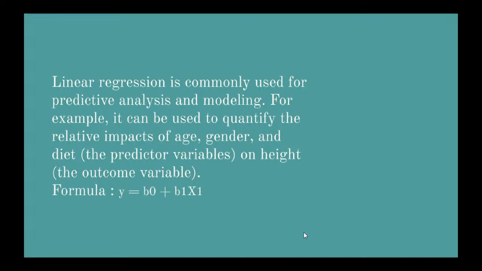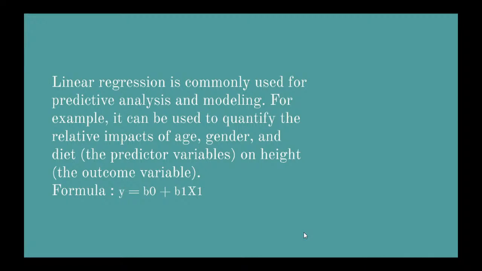Linear regression algorithm is commonly used for predictive analysis and modeling. For example, it can be used to quantify the relative impact of age, gender, and diet on height. So in this case, the independent variables are also known as the determining factors.